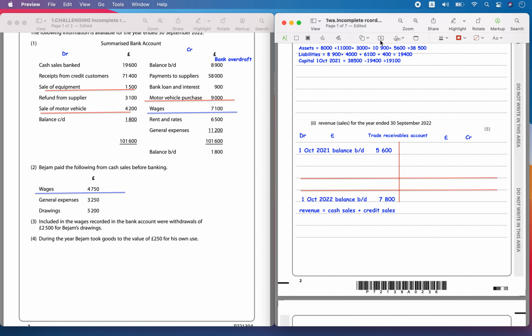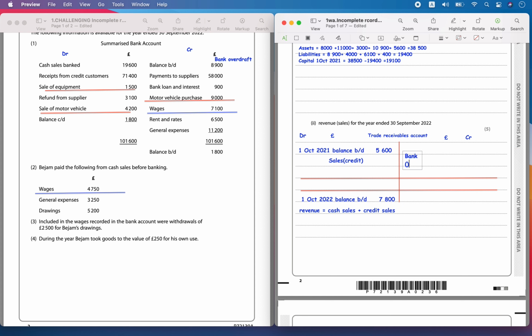Now towards that, some sales would have happened. This will be the credit sales, reflected in the sales account as credit sales. We don't know it, we are supposed to calculate this, but the receipt from the customers towards that is 71,400. So that would have come in the bank.